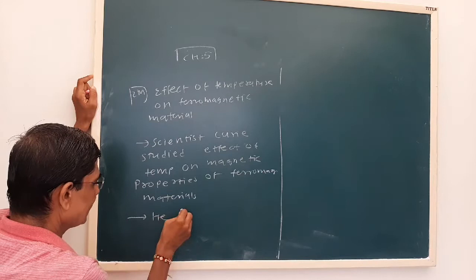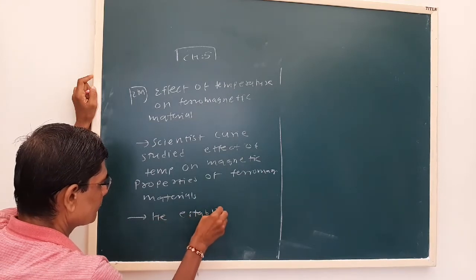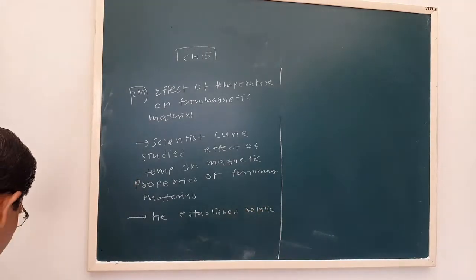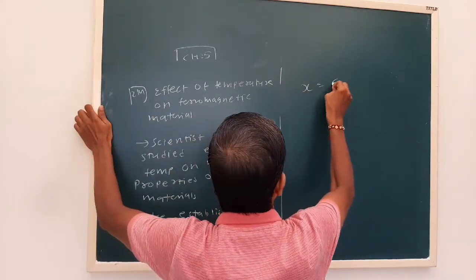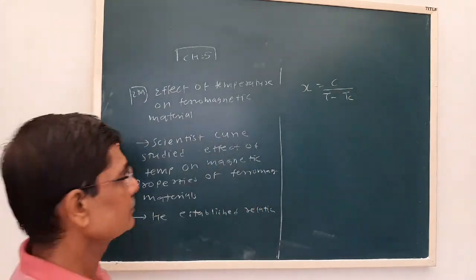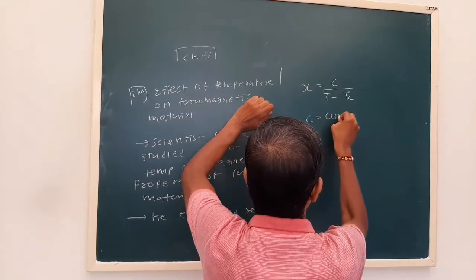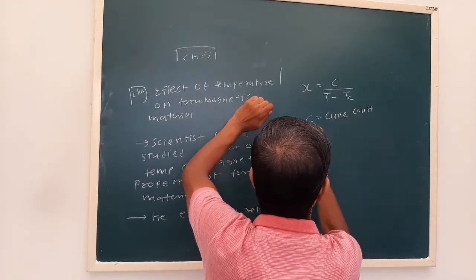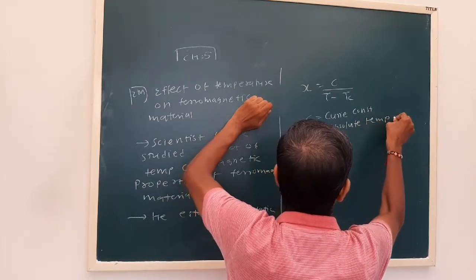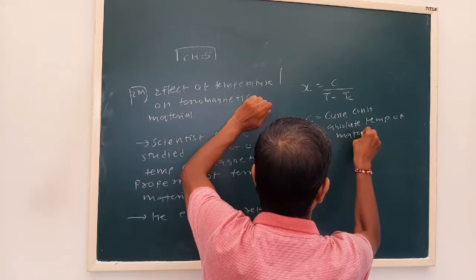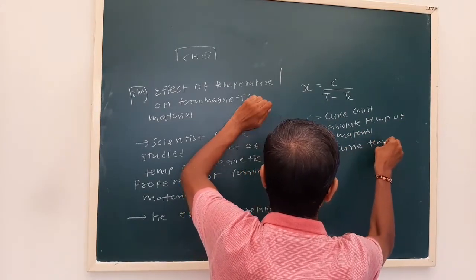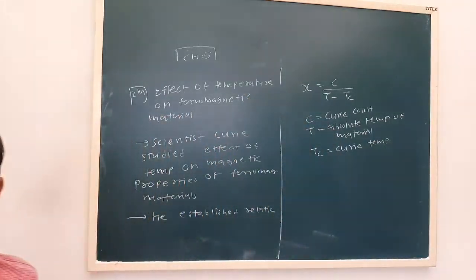He established the relation chi equals C upon (T minus Tc). Here C is called Curie's constant, T is the absolute temperature of the material, and Tc is called Curie temperature.